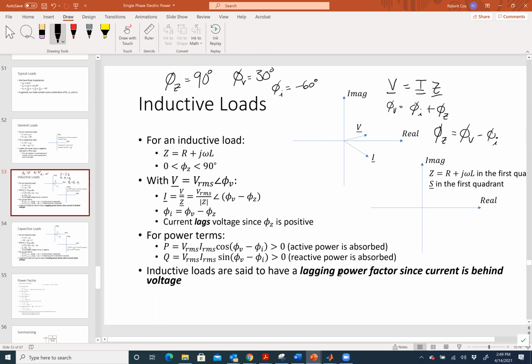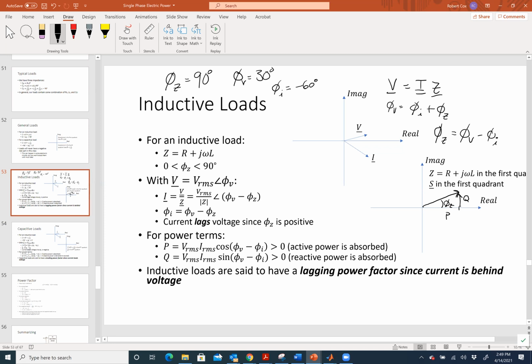It is an inductive load, and its angle phi Z, the angle of the impedance, is positive. So when I draw the S vector, it's up here, and this is going to be my P, and this is going to be my Q.